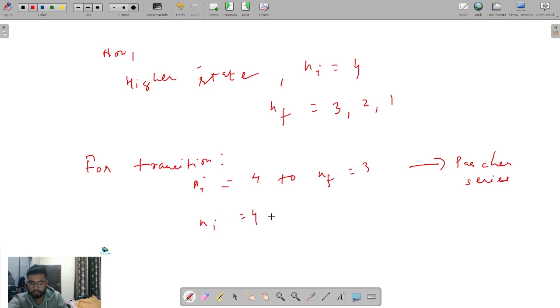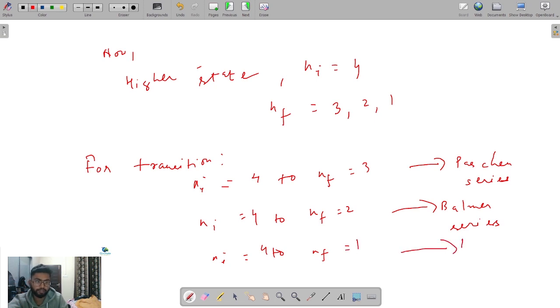Ni equals 4 to nf equals 2, which is Balmer series. Ni equals 4 to nf equals 1, this is our Lyman series. This is the end of our solution.